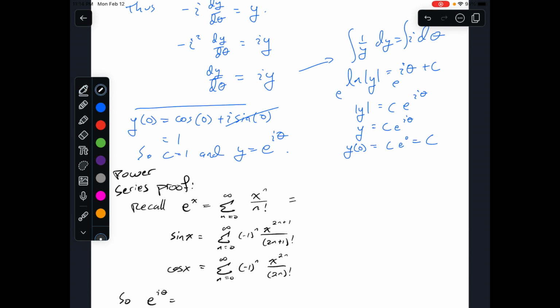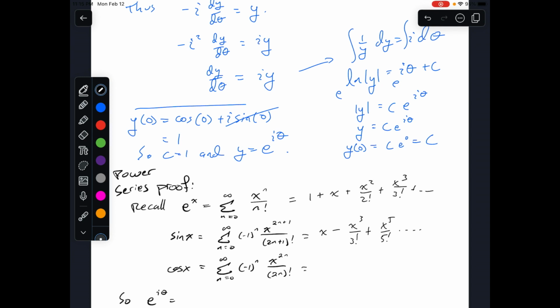If you were to write out the first couple terms of these series, x to the n over n factorial is equal to 1 plus x over 1 plus x squared over 2 factorial, and then x cubed over 3 factorial, and so on. Sine of x, so n equals 0, this term goes away, then you get x to the 1 over 1 factorial, and then minus x cubed over 3 factorial, and plus x to the 5th over 5 factorial, and so on.